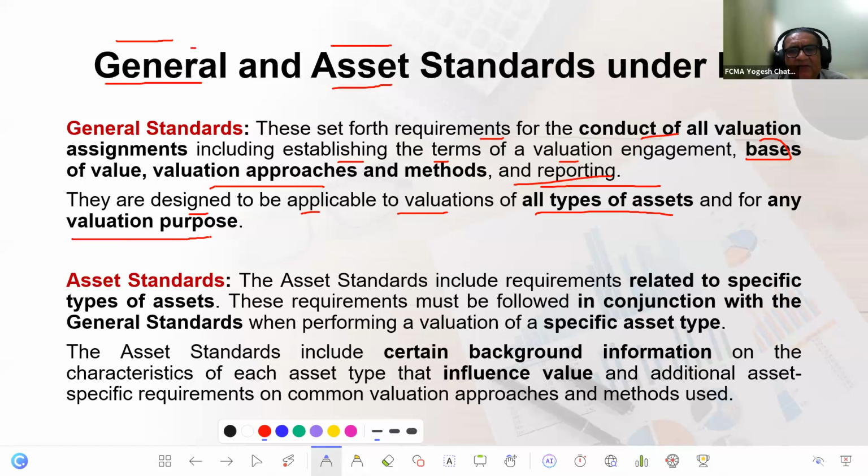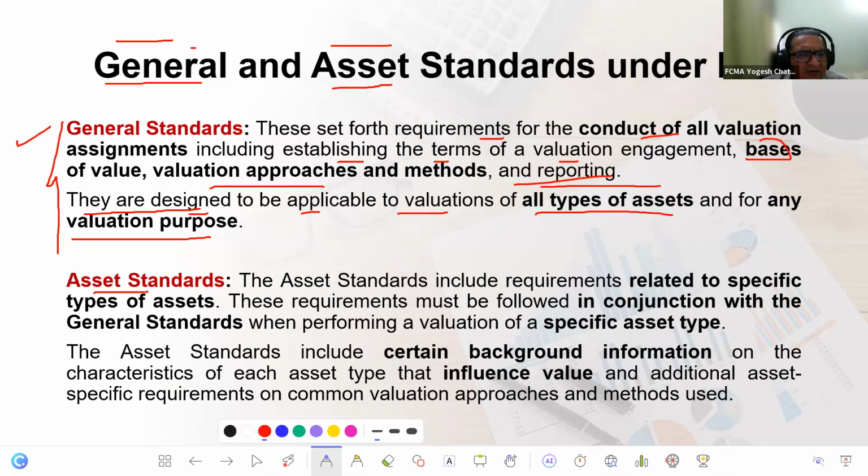Whether we are doing valuation for borrowing purpose, for merger and amalgamation, for IBC purposes, for a legal dispute, for a separation dispute, any purpose you name it, compliance with the general standard is mandatory in all types of assignment.